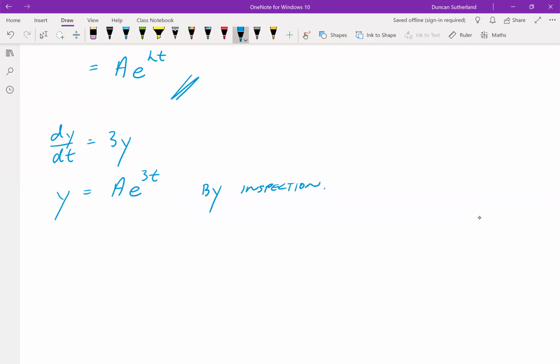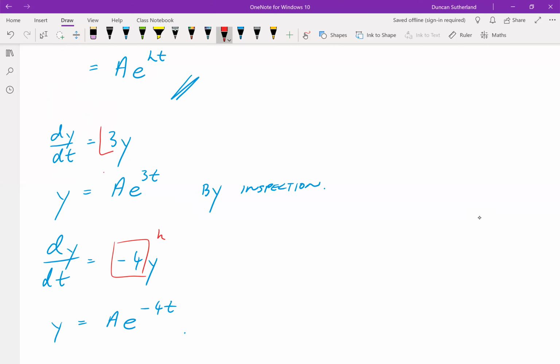I'm going to write the solution down by pattern matching. The idea is that each time you identify this as k, and then the solution is y equals constant e to the kt. All right, so that's the solution by inspection of the exponential ODE.